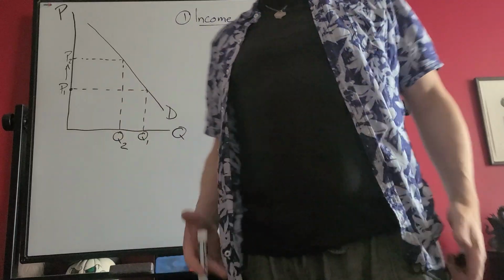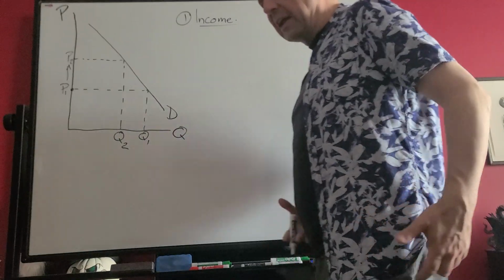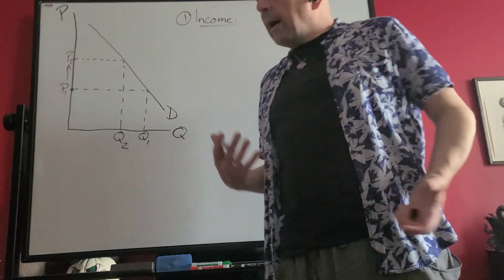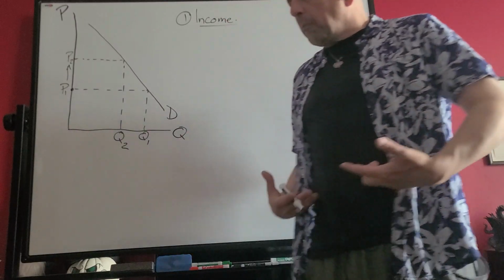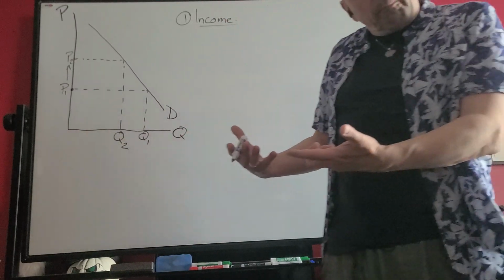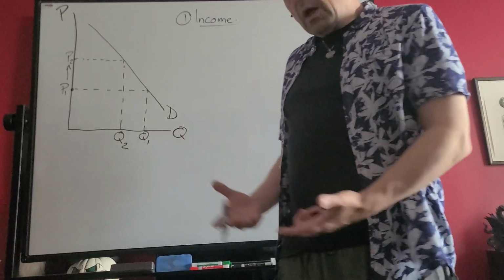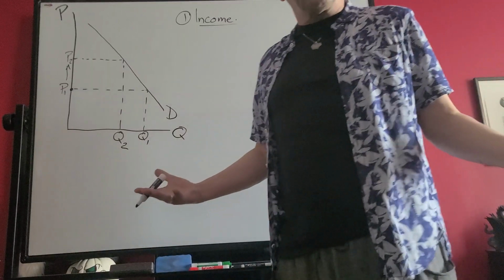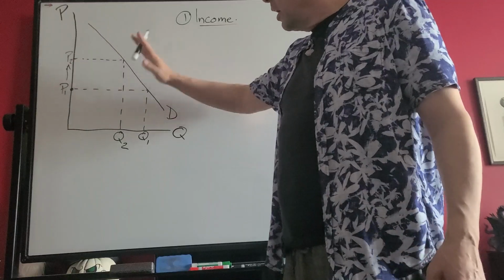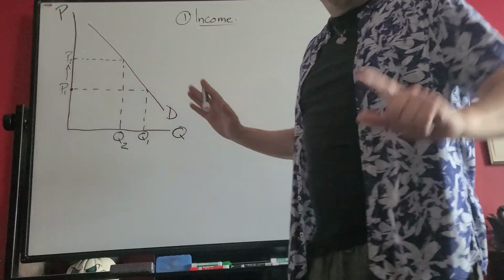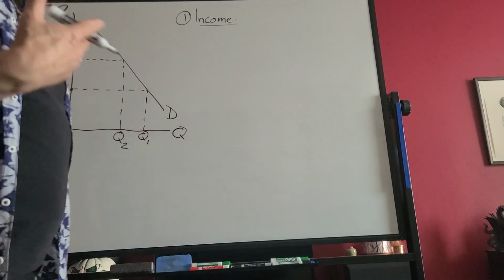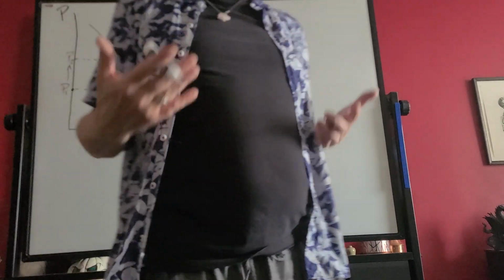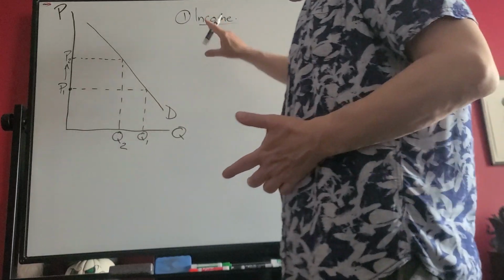So if earlier I had $10 in my pocket and the price of a slice of pizza is $5, I am able to pay for two. But what if I suddenly had $15? Well, then all of a sudden, nothing's changed about the price. It's still $5, but I'm able to obtain three. So if our income increases, in most cases of goods, what's going to happen?